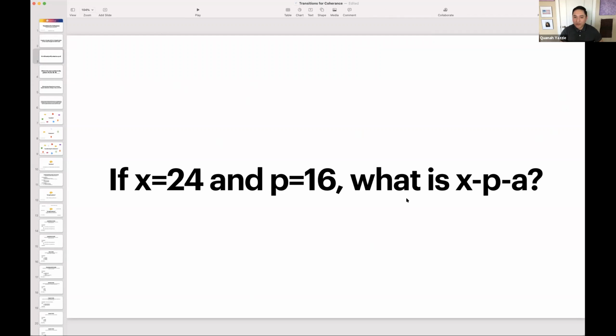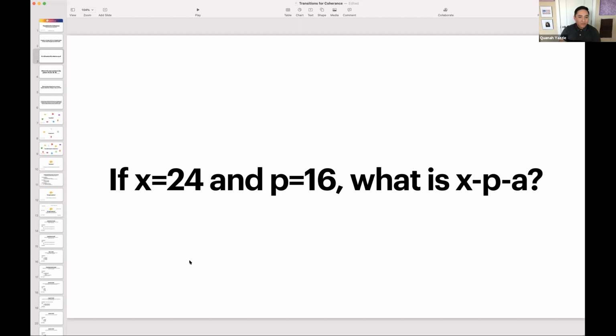So when you substitute those numbers, 24 minus 16 minus 1, your answer is going to be 7. So the answer to this one is 7.